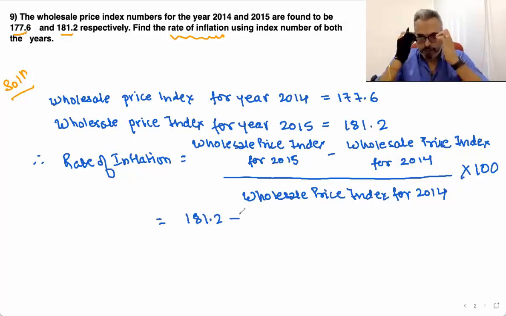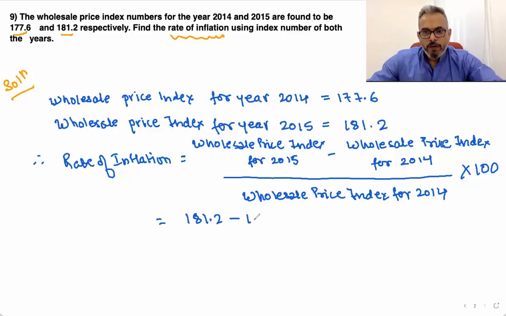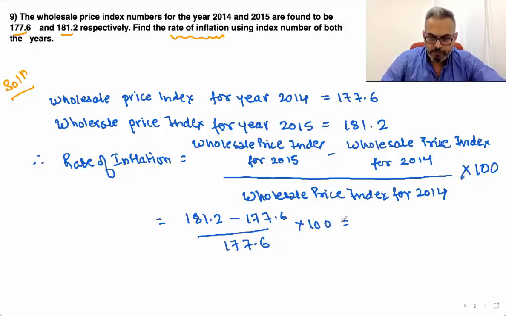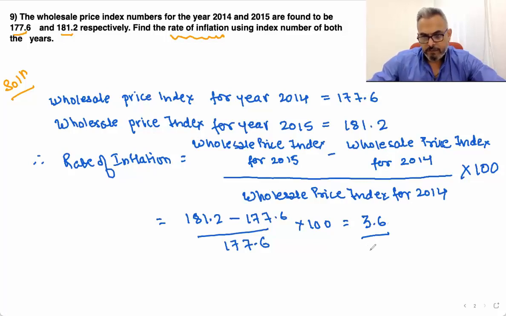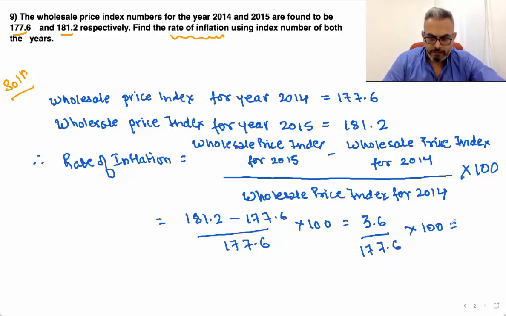minus 177.6 upon 177.6 into 100, which is equal to 3.6 divided by 177.6 into 100 is equal to 2.027, so 2.03%.